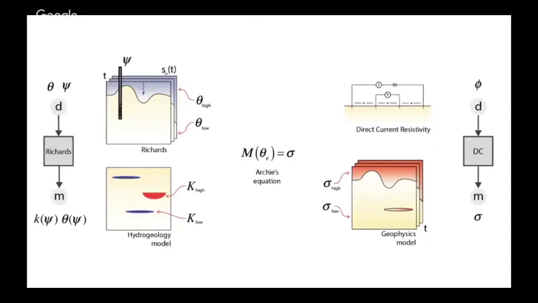This is the conceptual integration of the hydrogeophysics discipline. The forward model starts with hydraulic properties, simulates using Richards' equation, maps using some empirical relation down to a geophysical model, and then creates data. That's the forward sense. What we're interested in on the hydrogeophysics side of things is the inverse side of that.